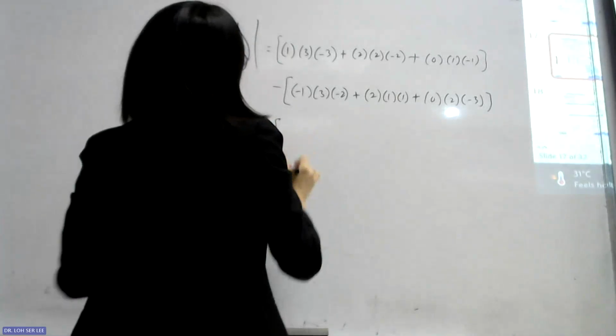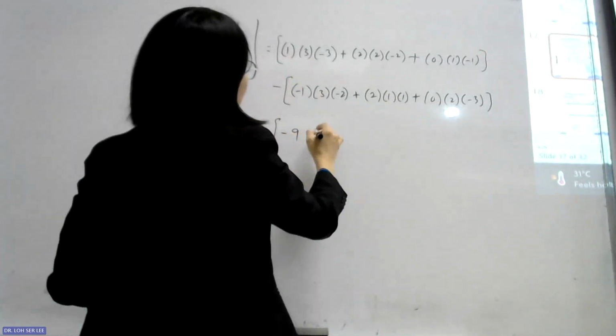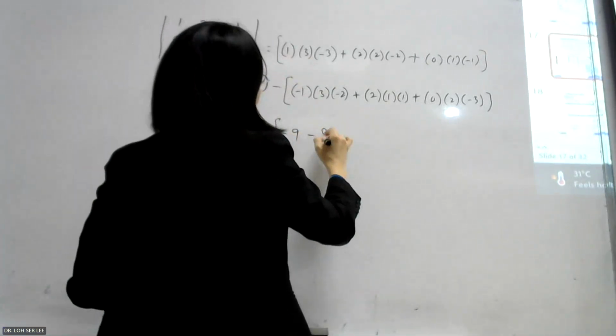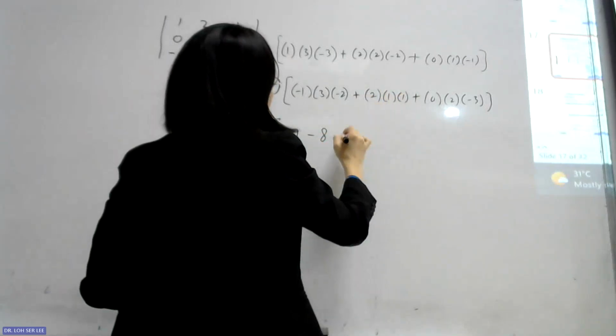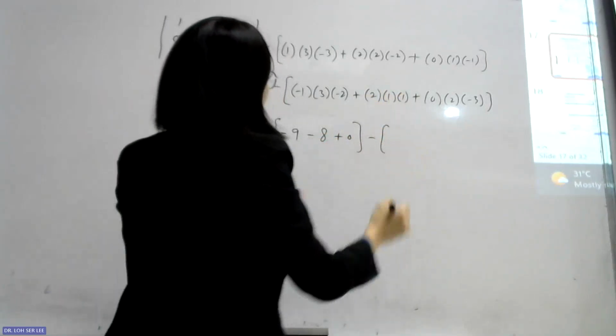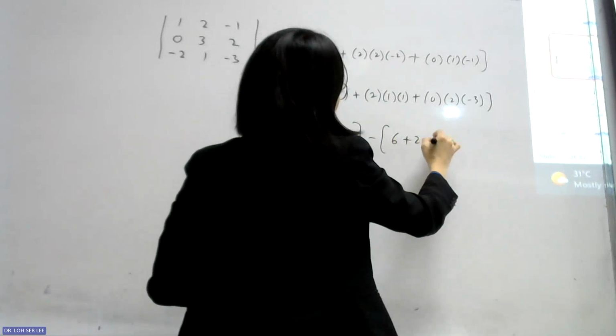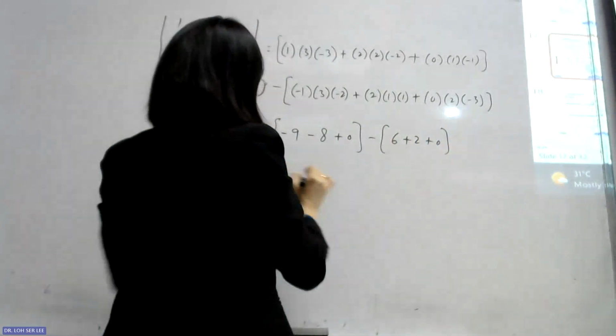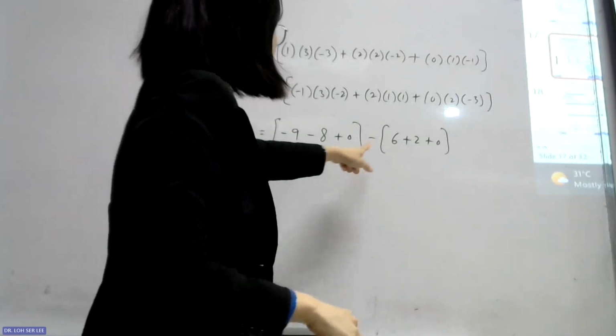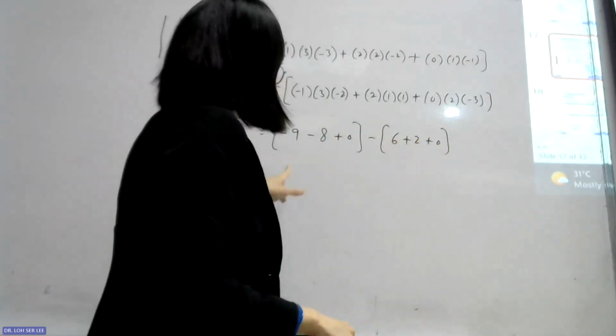So the first sum, you have -9 minus 8 plus 0, minus 6 plus 2 plus 0. When you sum this up, then minus this one, you will get the determinant.